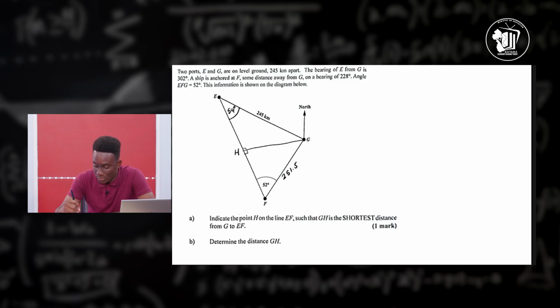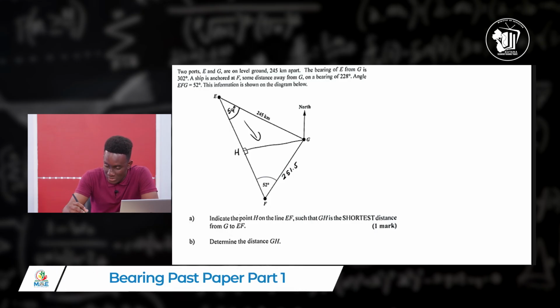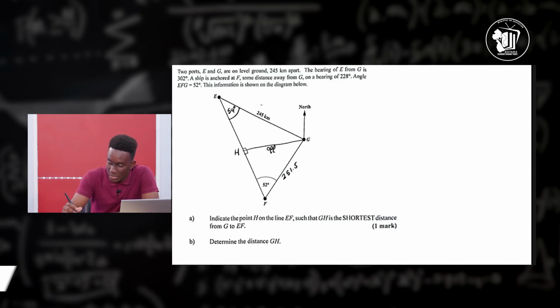And the next one, they want us to determine the distance GH. There are many things we can do to find GH. We're dealing with a right angle triangle, so let's label this triangle. We know the distance here, and we want to find here. Using this angle, GH would be the opposite, and since this side is opposite the right angle, it would be the hypotenuse.